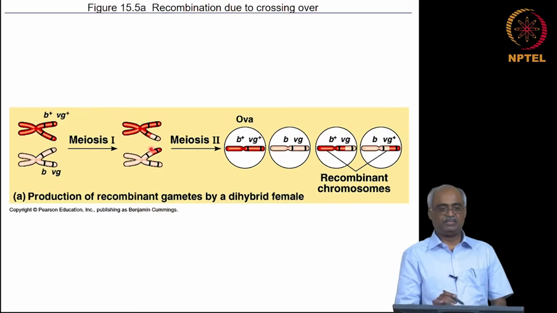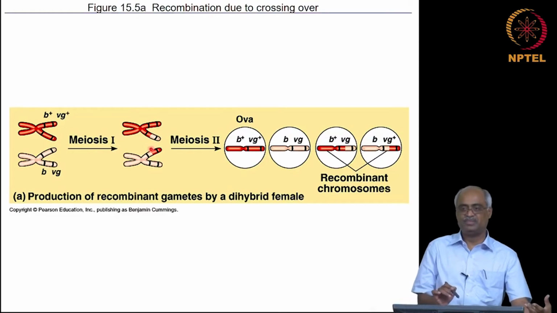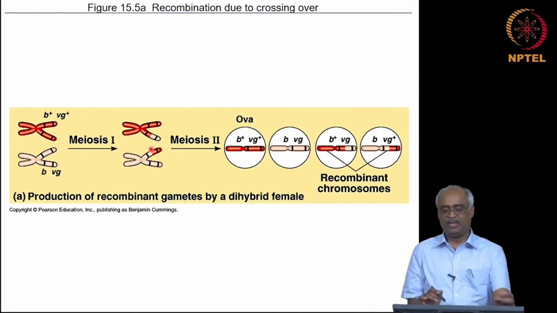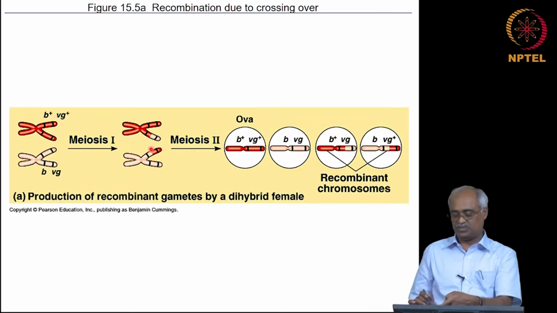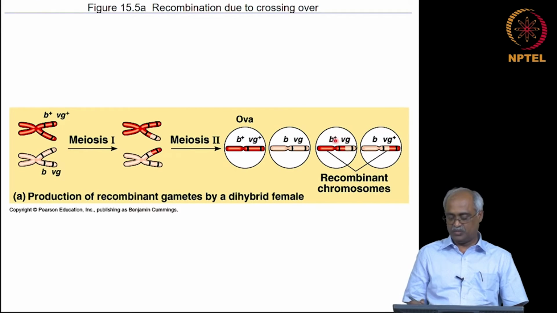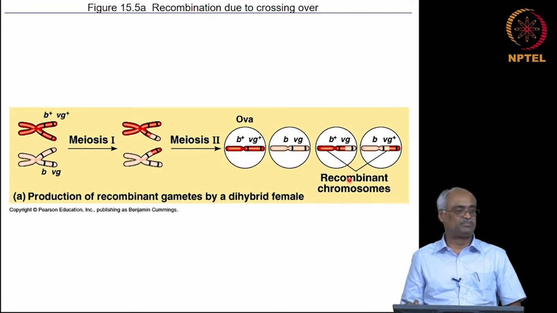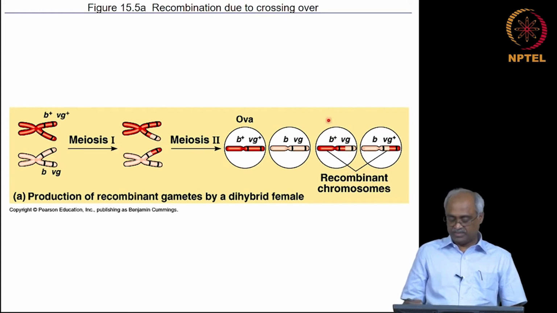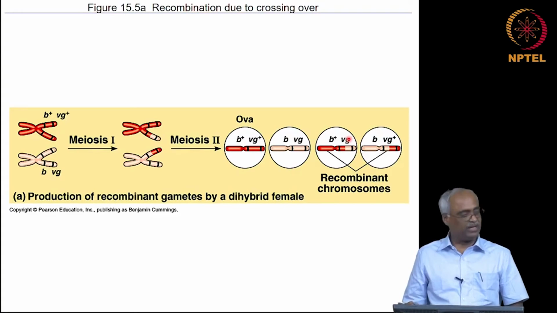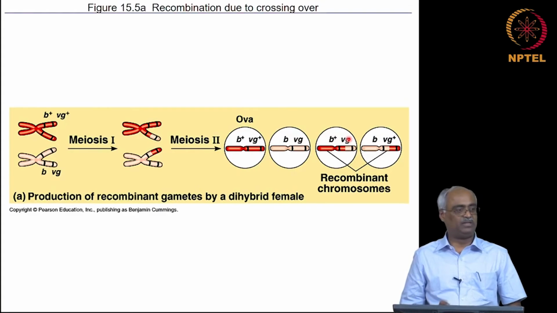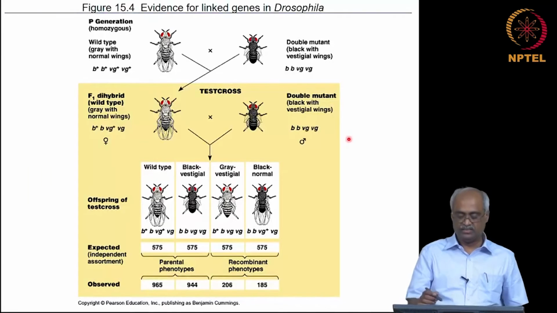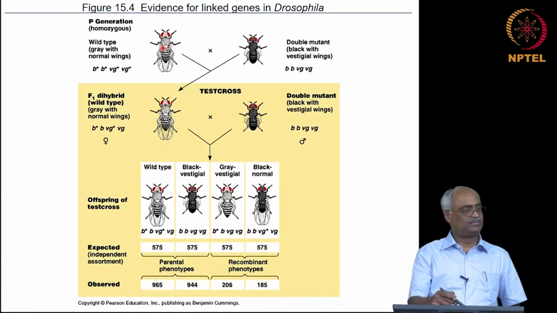So, this was something the cytologists had observed during meiosis, and Morgan proposed that something like that can happen and you will have these recombinants, okay. So, this sort of a thing you call a recombinant, like when you are going to get ultimately a phenotype where you have the black bodied fly having normal wing, which is not like this or this, okay.